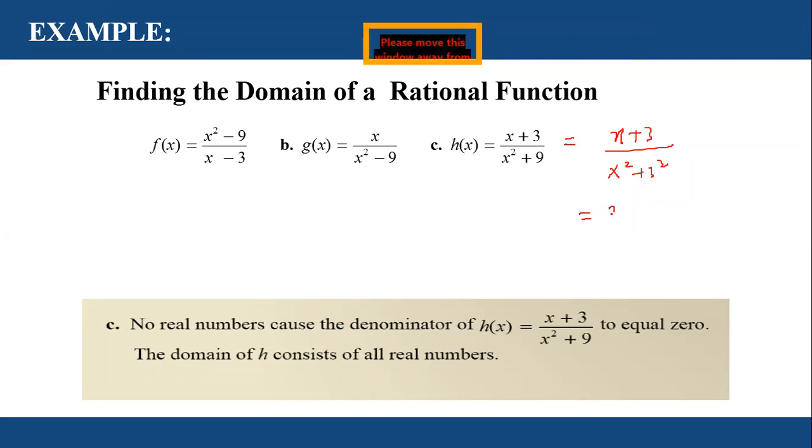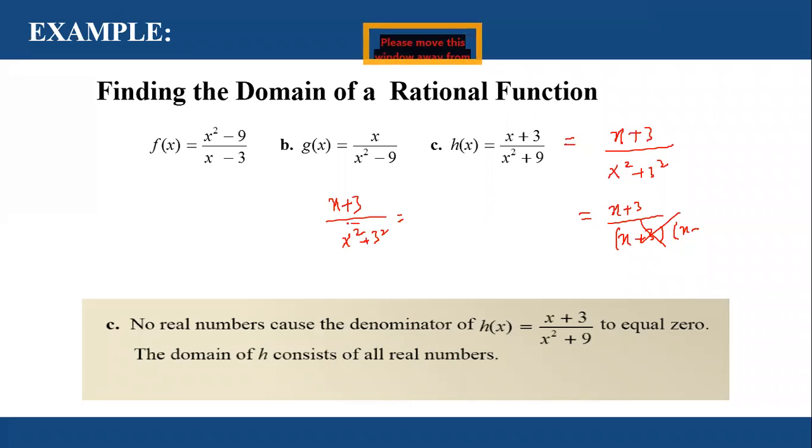Can we write it like x plus 3 and also x plus 3? No, this is not possible. This is not the formula for a square plus b square. We don't have this formula. So we have x plus 3 divided by x square plus 3 square, or 9.